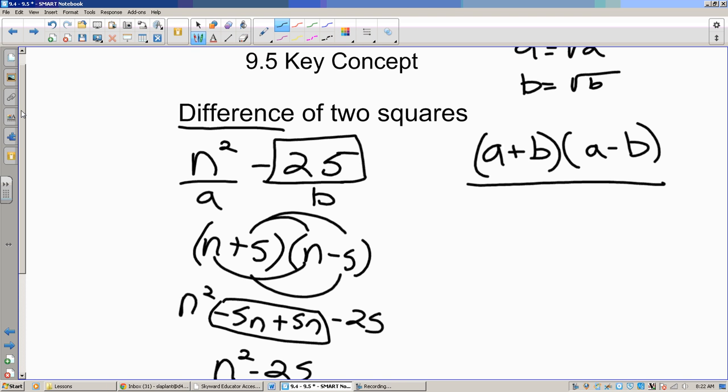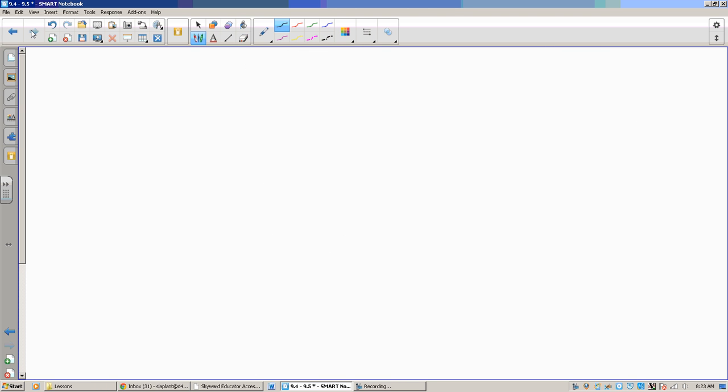Oh, these are the good ones. These are examples that are in your book, but I'll give you a few others that we can practice also. So if we're given 48a to the third minus 12a, can this be factored? What can I factor here? Ben? 12a. Okay?